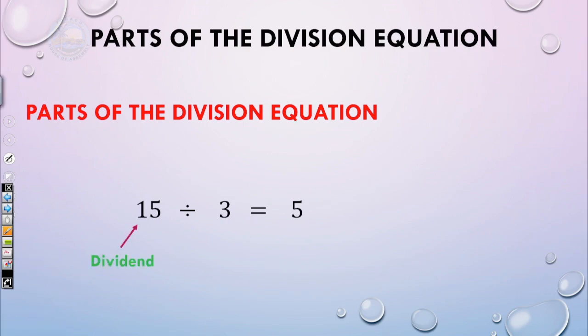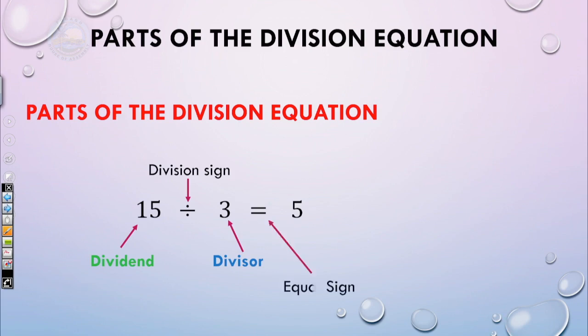15 is the dividend. This sign is the division sign. 3 here is your divisor. This is your equal sign.